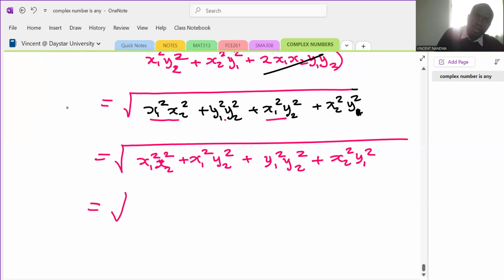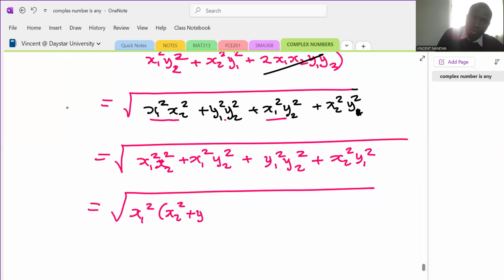So which is the same as the square root of, common here is x1 squared into (x2 squared plus y2 squared). These first two terms.